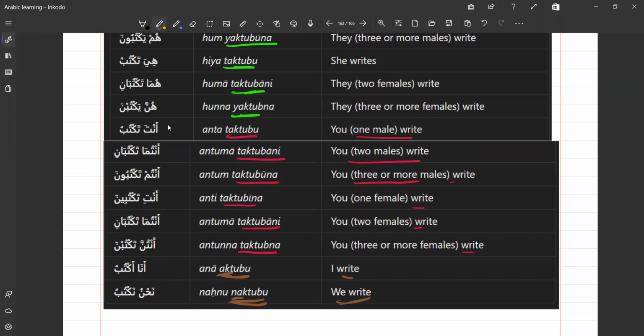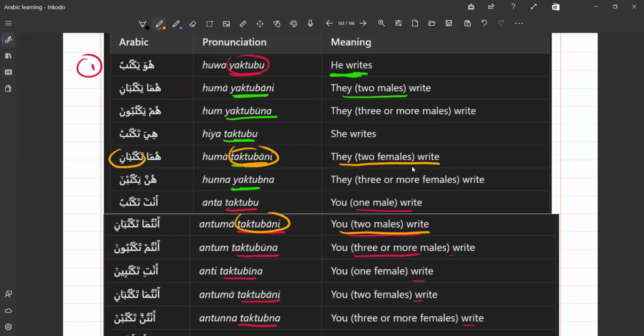For example, taktubani, the present tense variation of the verb yaktubu, is being used for two females, right? And taktubani is also being used for you two males, right? So it is possible.